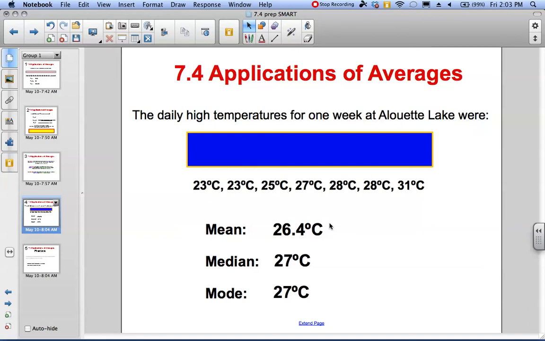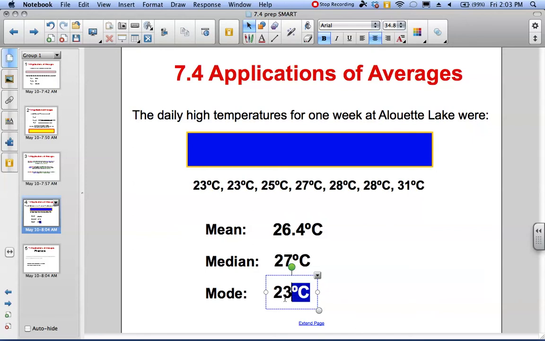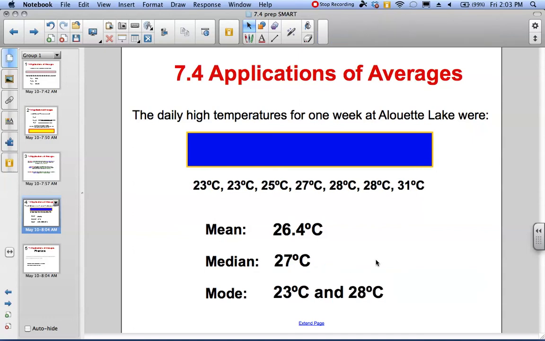The median here is 27, and the modes are, sorry, that's my fault, that should be 23 and 28. 23 degrees Celsius and 28 degrees Celsius. There are two modes in this case.